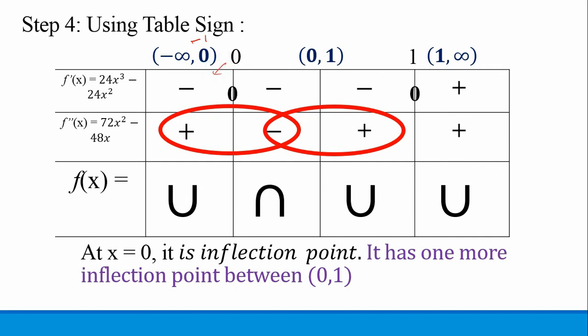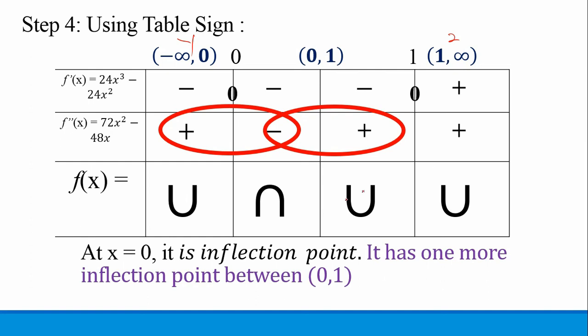Okay. First, how to sketch the columns for this graph. Make sure you have one column at the front, one at the back, one at the front, and one at the back. For this one, I put negative 1, which is less than 0, and for this one I put 2.